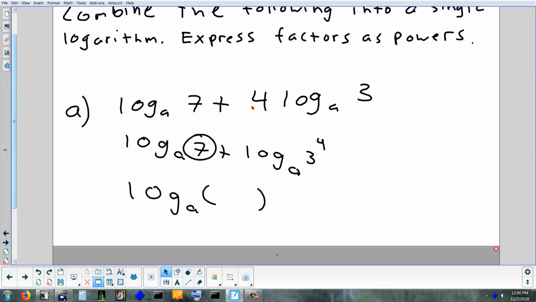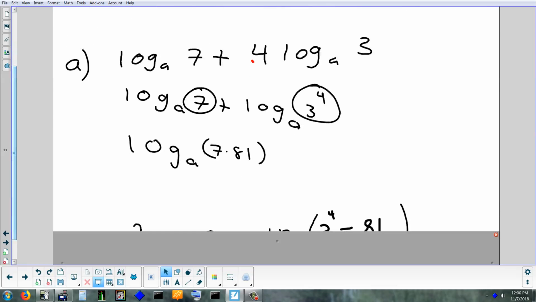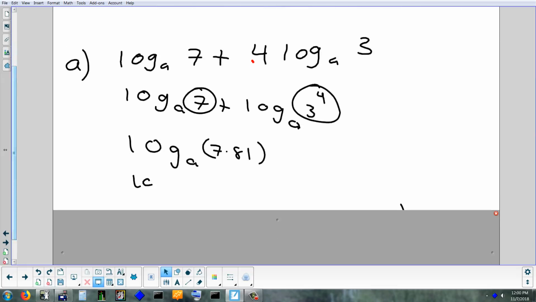Multiplication. First argument, second argument. 3 to the 4th is 81. Now just do 7 times 81. Yeah, 567. So that's an example of recombining.